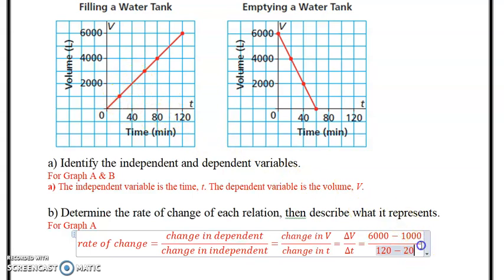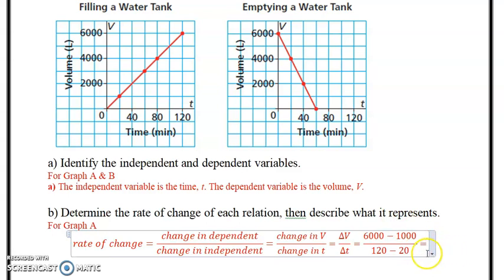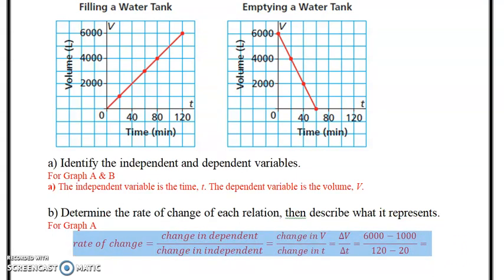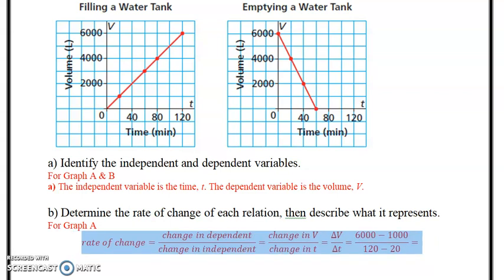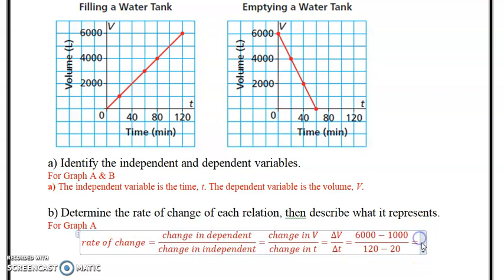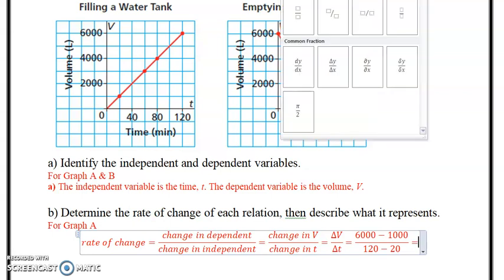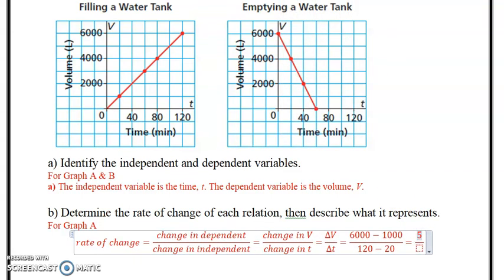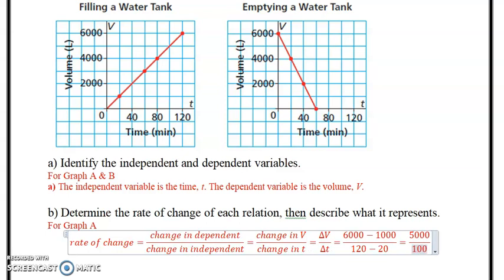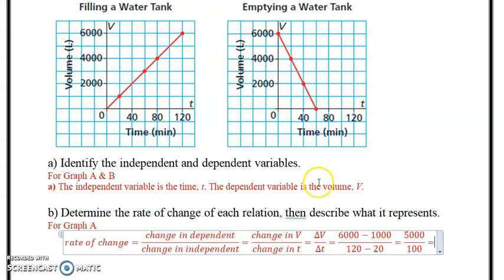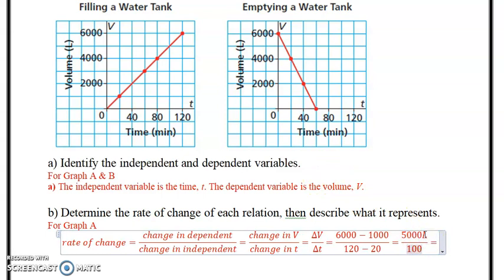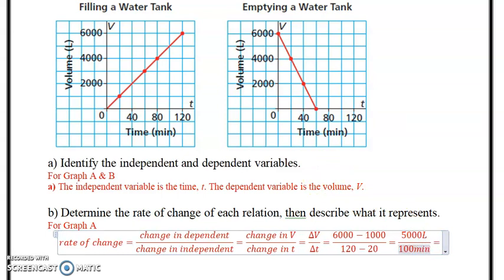And that's going to equal, we'll insert the equation, obviously. So that'll be 5,000 over 100. You can put the liters in now if you want, and the time is minutes.